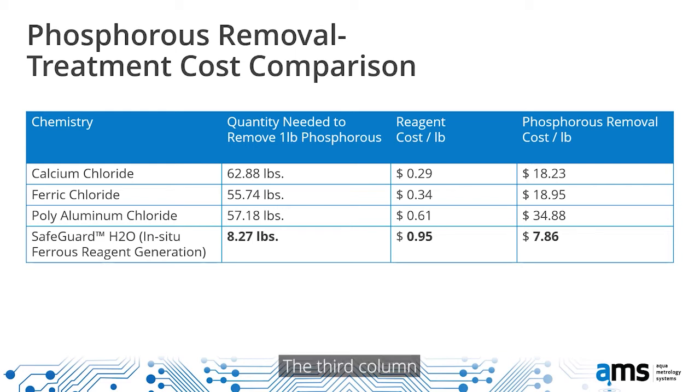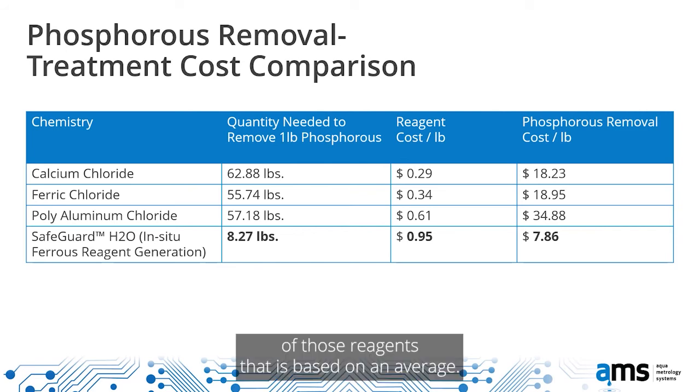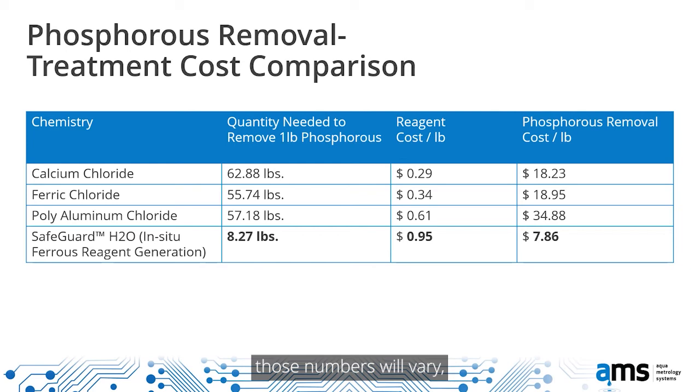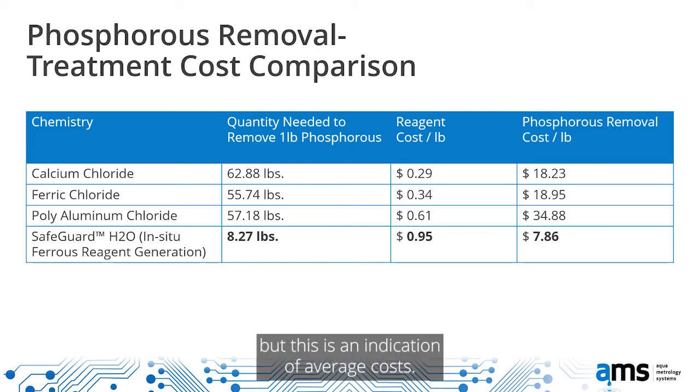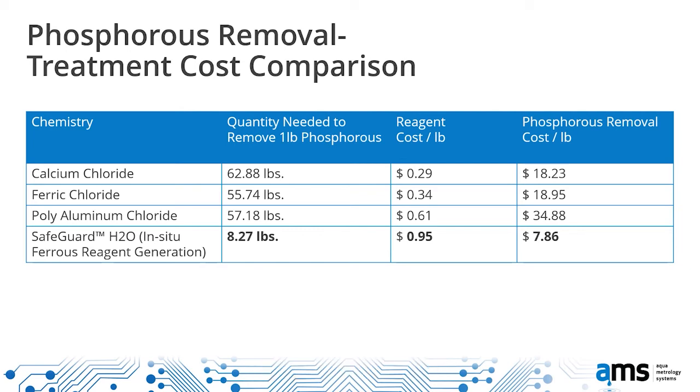The third column is an estimate of the current cost of those reagents. Now that is based on an average, undoubtedly according to size and location. Those numbers will vary, but this is an indication of average costs.